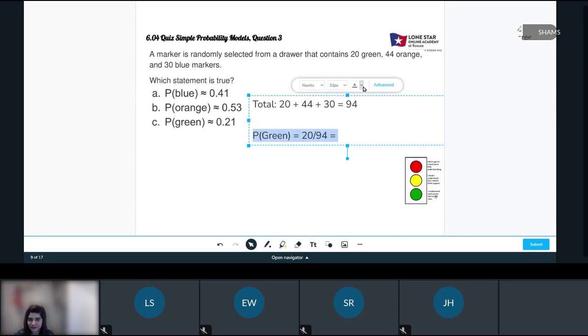Let's change the color. Figure it out. 20 divided by 94. When I did green, 20 divided by 94, I got 0.212. If I want it to 2 decimal places, I can say 0.21, right?